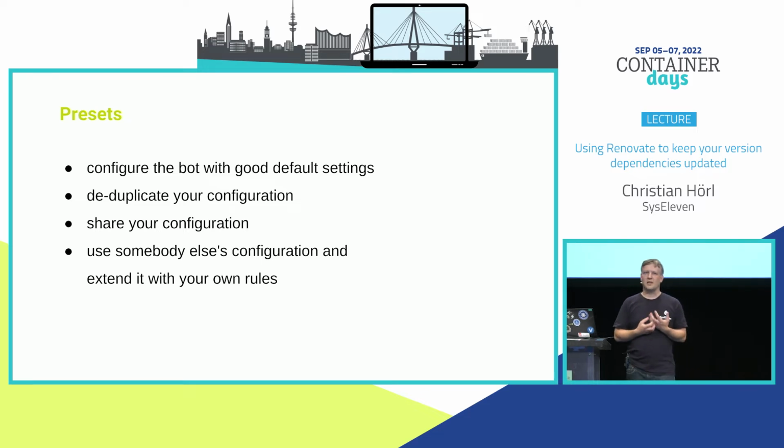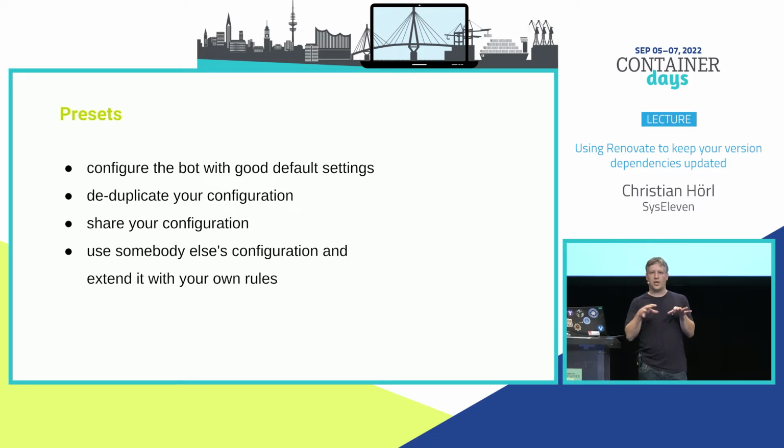They also deduplicate your configuration, and you can share those presets among your projects, or even do this online and provide other users with your presets you have developed. You could also use someone else's configuration and extend it with your rules. Maybe some of your rules differ a little bit from the upstream rule sets.